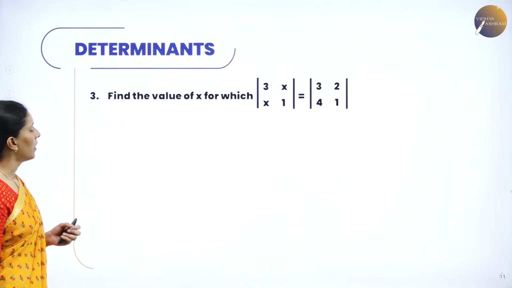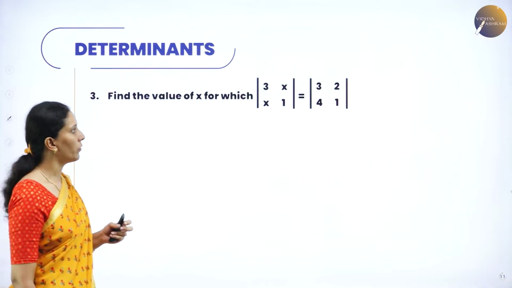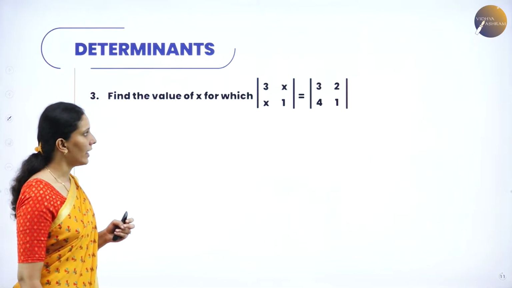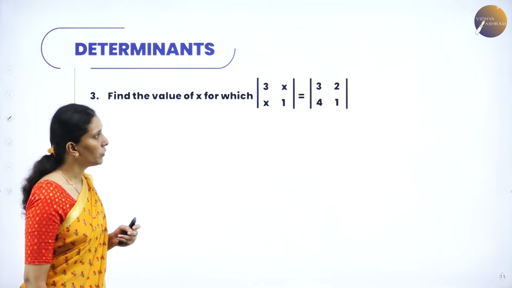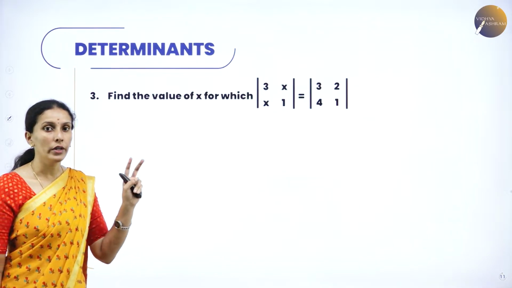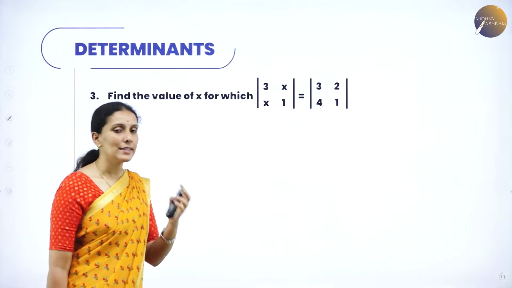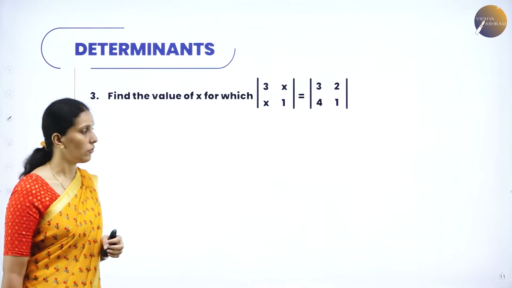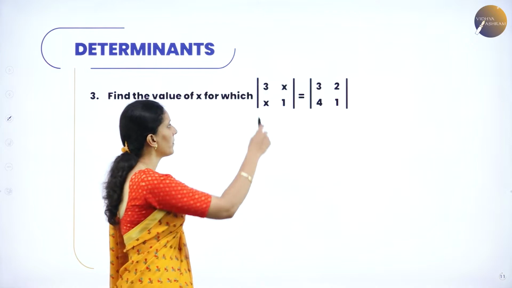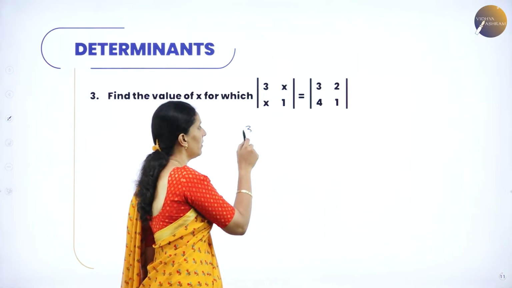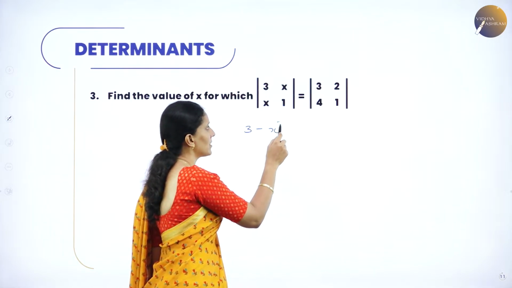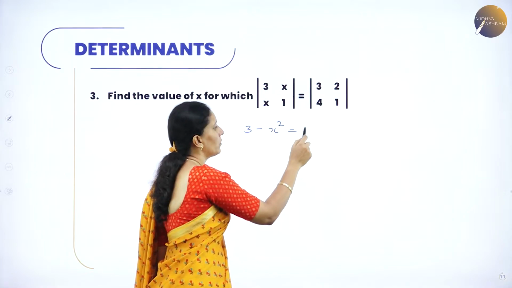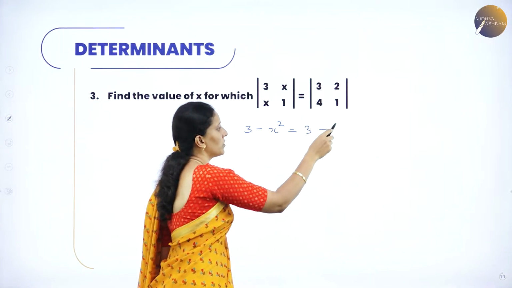Next question, find the value of x for which |3 x; x 1| equals |3 2; 4 1|. So here two determinants are equal. As in the case where two matrices are equal, two determinants can also be equal. Now let us see this. 3 into 1 is 3, minus x into x is x square. Here 3 into 1 is 3, minus 4 twos is 8.